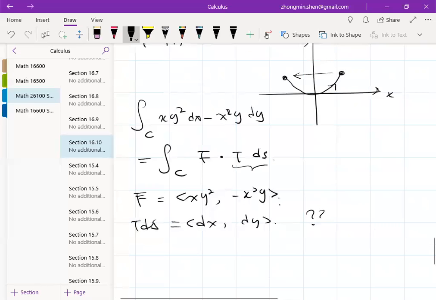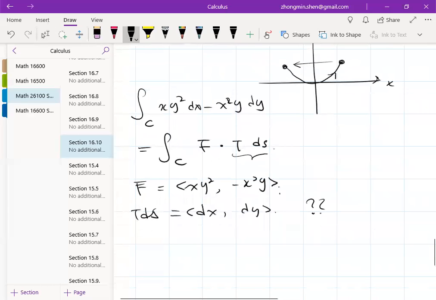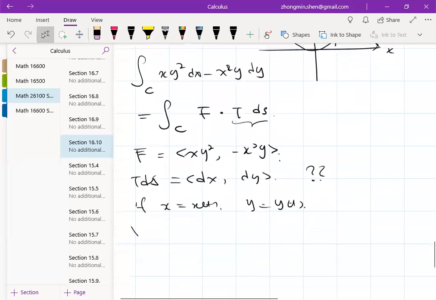Okay, let's understand this. It is about the last identity. If x equals x of t, y equals y of t, then T ds is going to be the derivative.